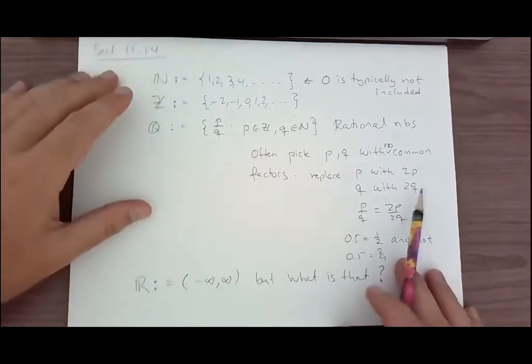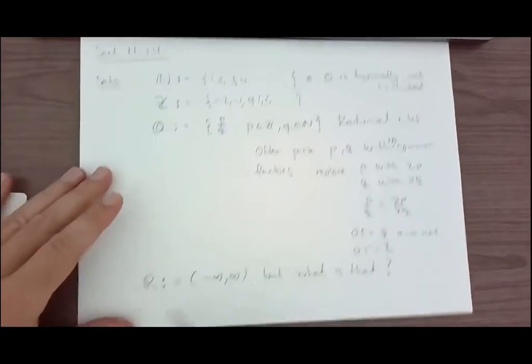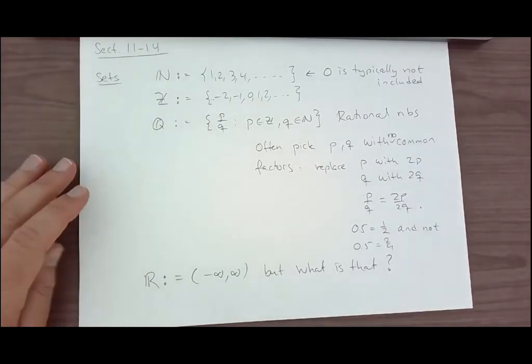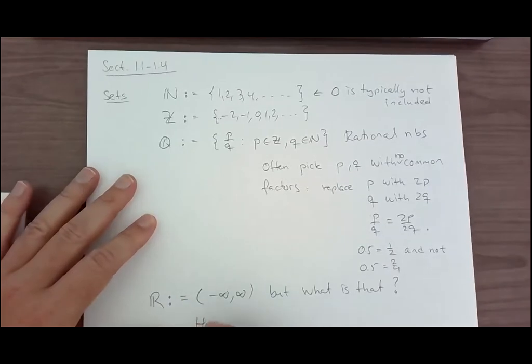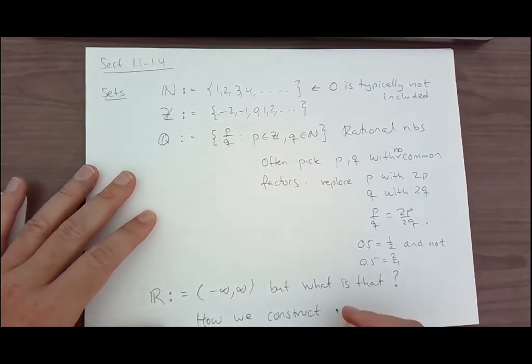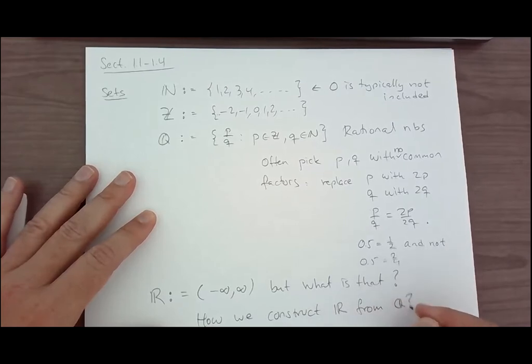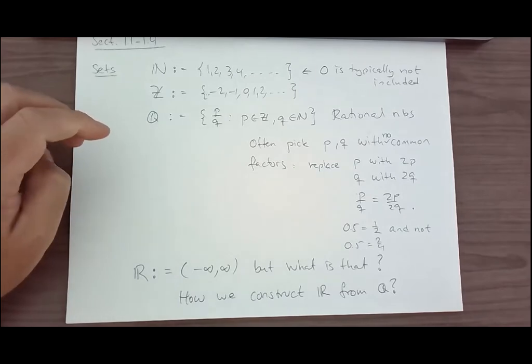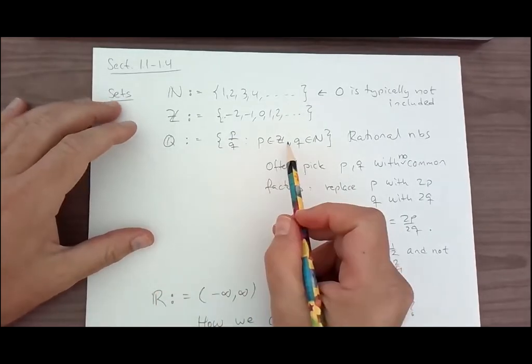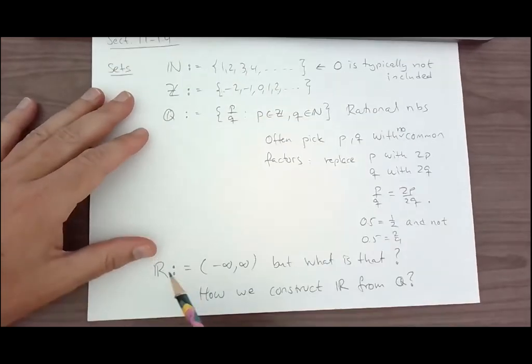We're pretty comfortable with N, Z, and Q, and we've seen R a million times. How do we construct R from Q? How do I get from this setup here, which is given as these ratios, to getting R?